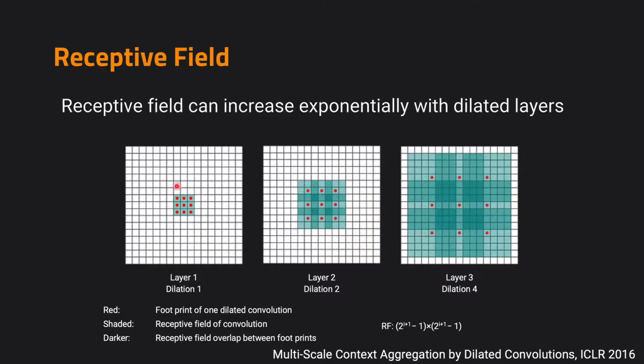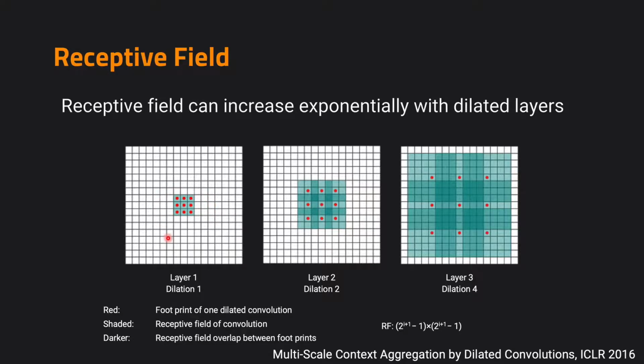Here we are only illustrating the receptive field of one kernel or one convolution. As you can see, on layer 1, the receptive field, in the shaded area, is 3 by 3, 9 pixels. Please note that on this layer, no matter how big the dilation is, we will always have the same receptive field.